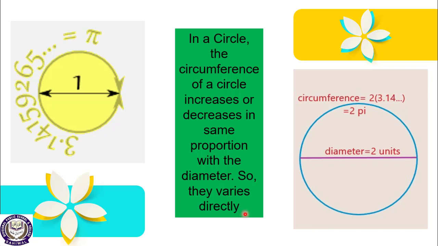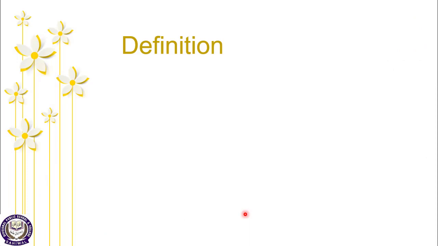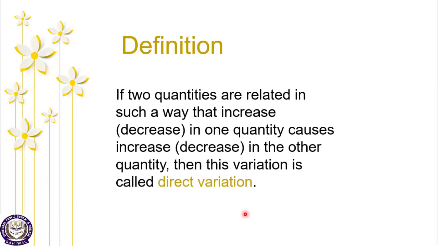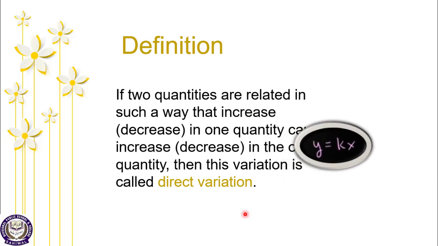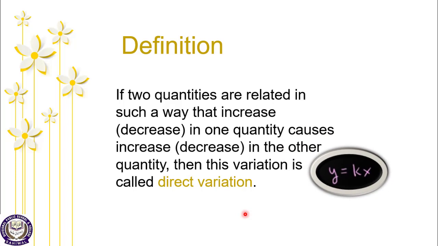So they vary directly. So we can define direct variation as: if two quantities are related in such a way that increase or decrease in one quantity causes increase or decrease in the other quantity, then this variation is called direct variation. Or we can write it as y is equal to kx.